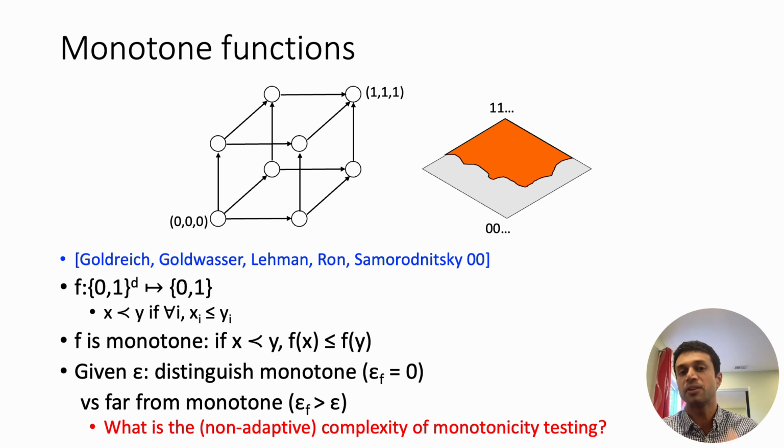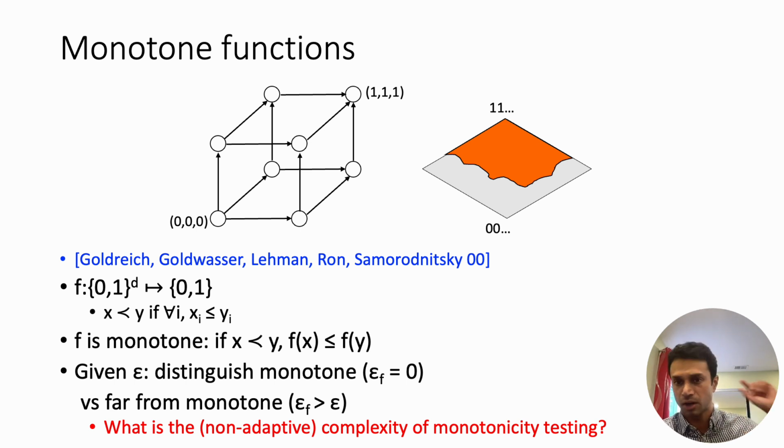So the aim is, given an epsilon, which is a proximity parameter, we want to distinguish a monotone function, where the distance to monotonicity is 0, versus a function that is far from monotone. And I won't get into the specific details of this problem. That is not as important. And so one of the major questions asked was, what is the non-adaptive complexity of monotonicity testing?